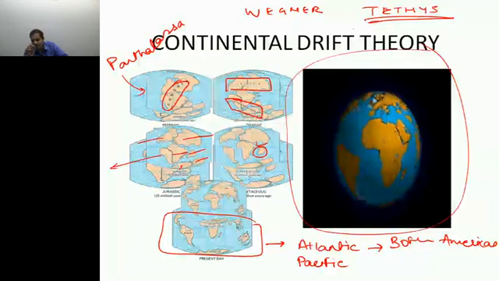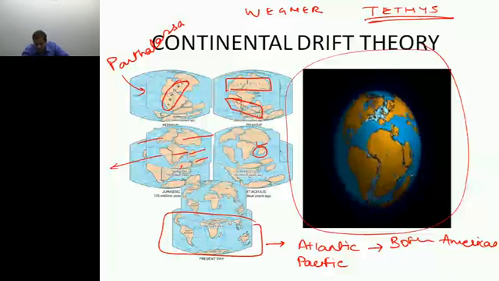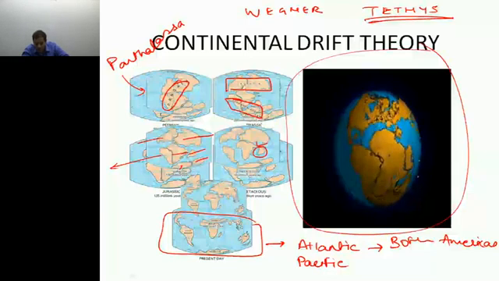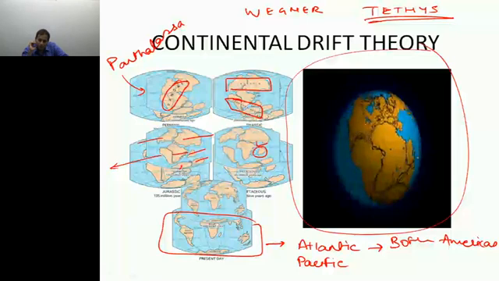You can see Pangaea, then Laurasia and Gondwanaland further broken down, South America drifting away, opening up of the Atlantic Ocean. India, which is seen in the right hand corner down, is going upwards towards the Eurasia region. And thus we have the present day formation of the continents.